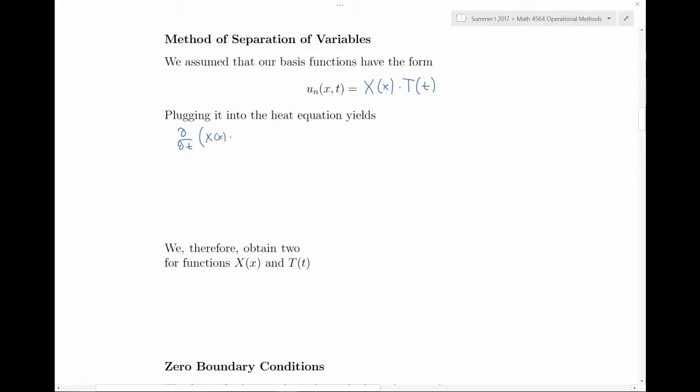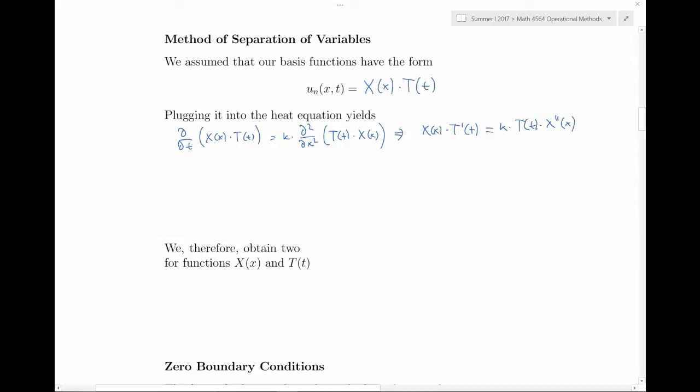should be equal to kappa times the second derivative in terms of x. Which yields, after a little bit of manipulation, that X of x times the T prime of t, because that's the only function that depends on t on the left, equals kappa times T of t times the second derivative of X of x.